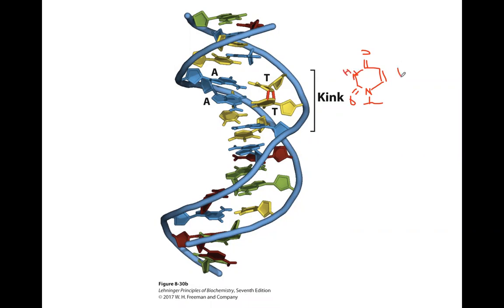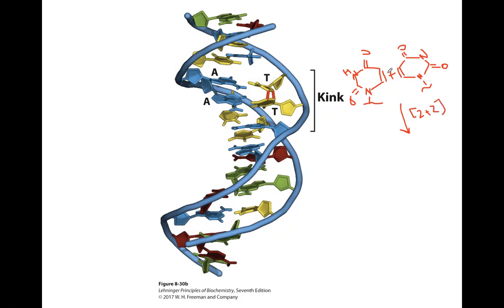Usually it's thymine, but let me just do this on the example of uracil, even though it's not DNA relevant, but it will give you an idea what this dimer is. So this undergoes, it's like a Diels-Alder reaction, only it's 2 + 2. Remember, Diels-Alder is 4 + 2, and this will be 2 + 2.